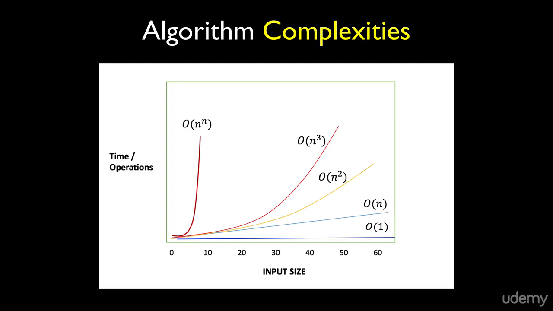Some algorithms scale really well no matter how much input you give them: 1,000, 10,000, 100 million. Others slow down significantly as the input size increases. In the beginning of the lesson, we started from a completely random algorithm that I made up that consisted of a single loop, and this falls in the linear category, which is considered pretty fast.